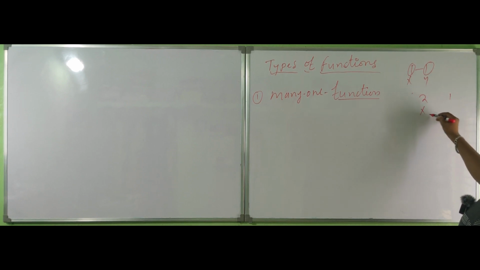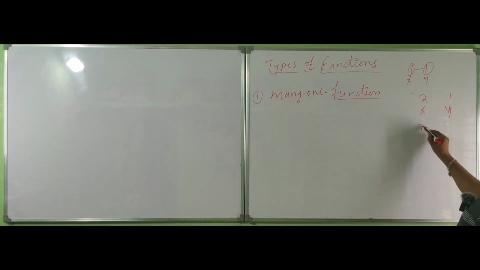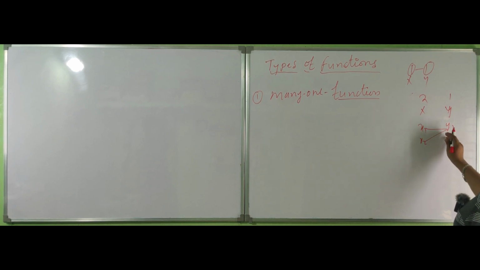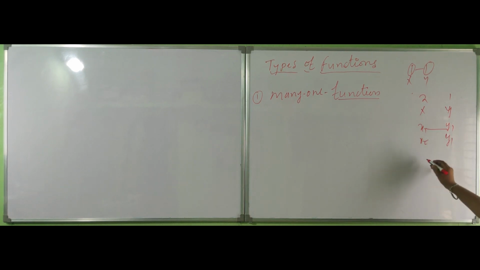Two to one: this is x and this is y. It means x1 goes to y1 and x2 goes to y1. You can have this and also this. You can write 1 is equal to 2 and 2 is equal to 2.